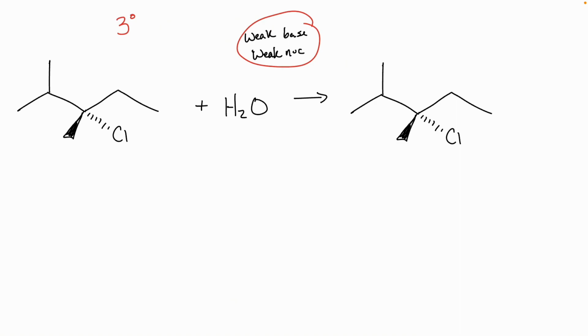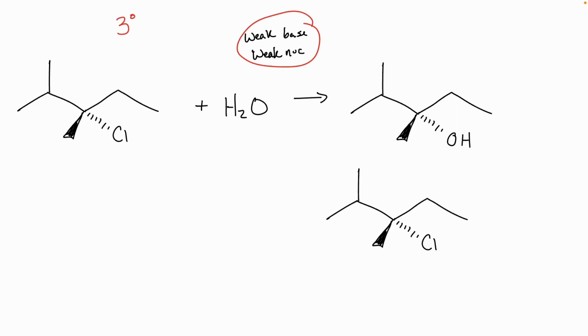and drawing structures. So I'm going to draw one product where I don't touch any dashes or wedges. All I do is replace my leaving group with my new functional group. Then I'm going to draw another one.